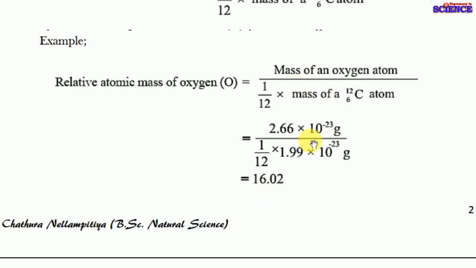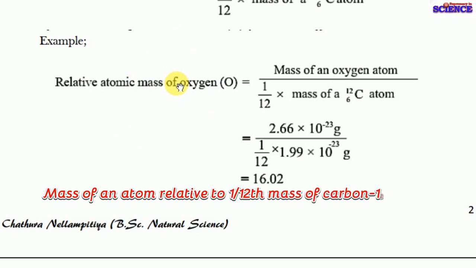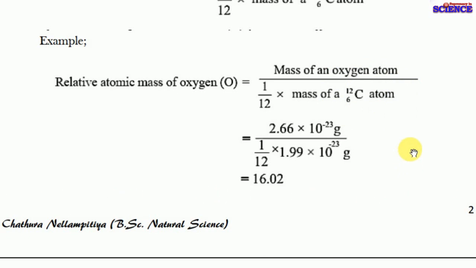So this way they have calculated the relative atomic masses for each and every atom or element. What is the standard number they took? 1/12 mass of the carbon-12 isotope. So the relative atomic mass can be defined as the mass of an atom relative to 1/12 mass of the carbon-12 isotope mass. Can you understand that part?